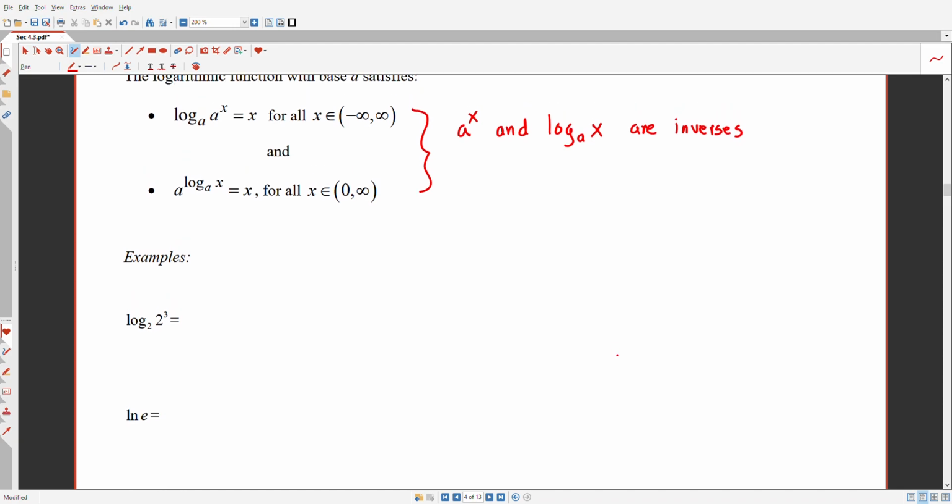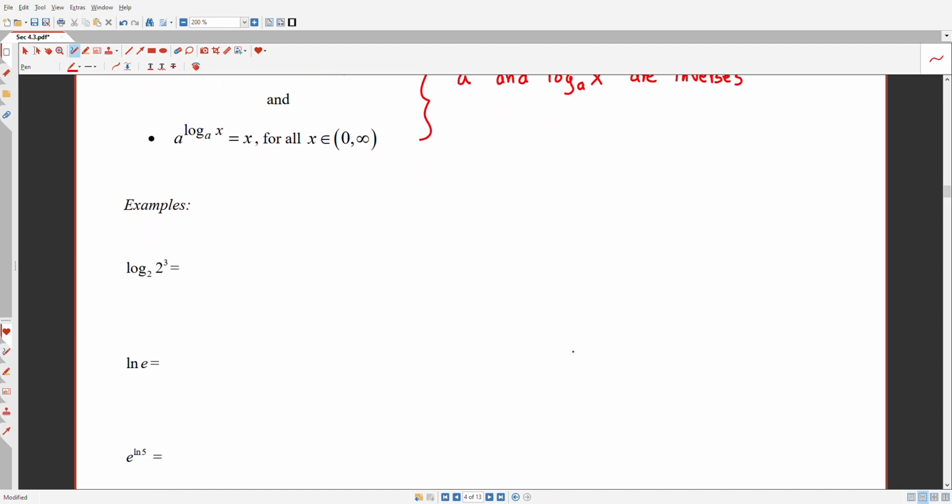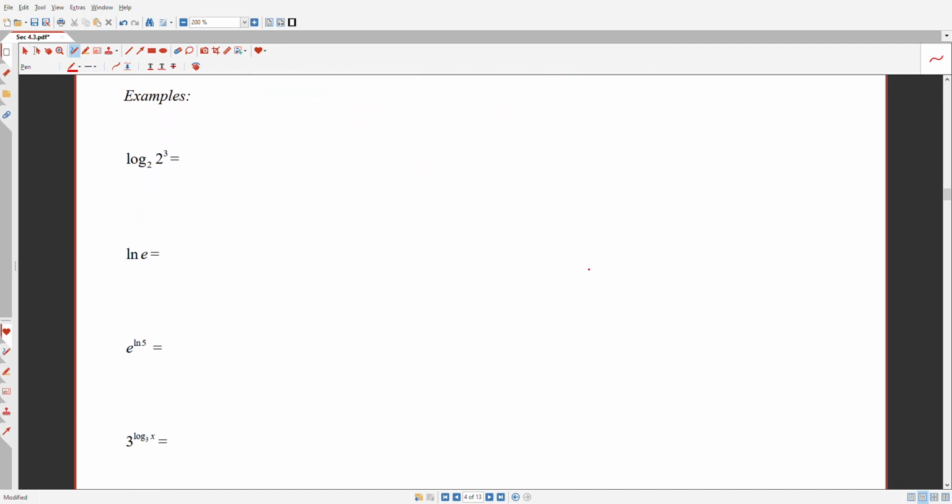So, for example, log base 2 of 2 to the 3. This is the sort of problem you would look at in an algebra course towards the end of the semester. It looks like a complicated mess, but it's really log base 2 applied to the function 2 to some input, and the input happens to be 3.